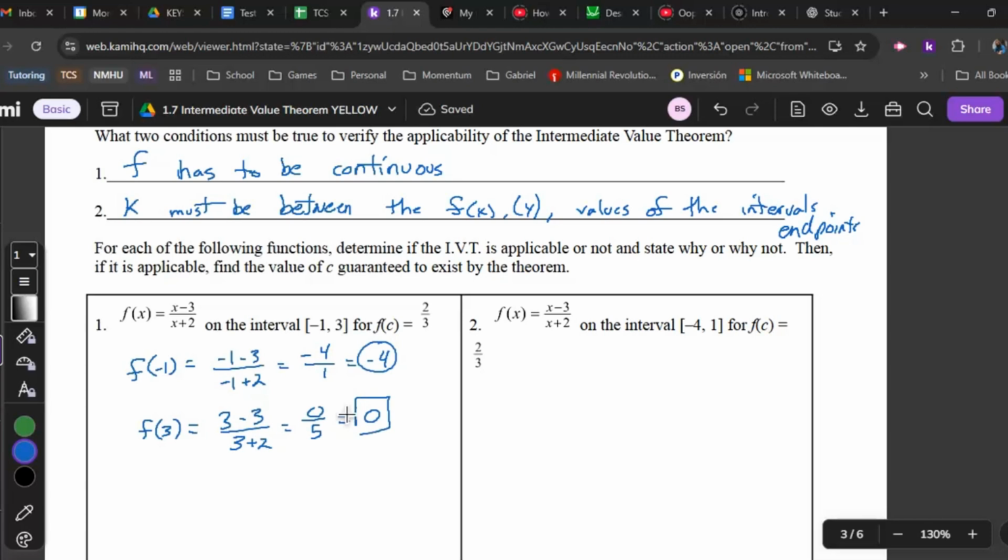Okay? Now, does 2/3 lie between -4 and 0? No, right? So no IVT. 2/3 is not between -4 and 0. There's nothing we can do. No IVT. Could still be true, but IVT doesn't prove anything.